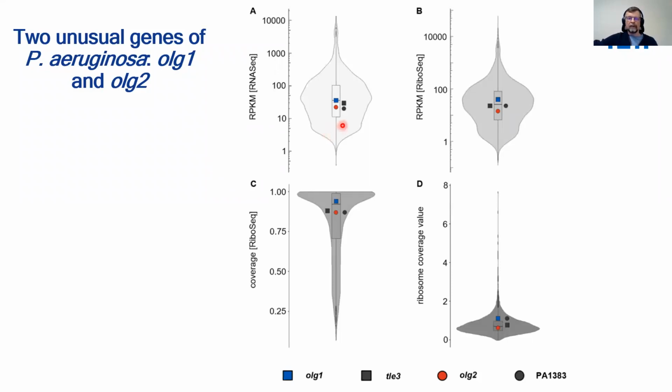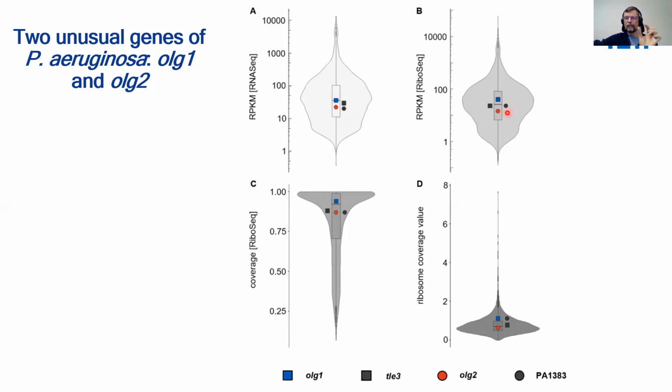Okay, and as you already know, because the title already told you, we're talking about overlapping genes. So the common annotated genes which overlap are these two here, and they're also in the middle of the bulk.